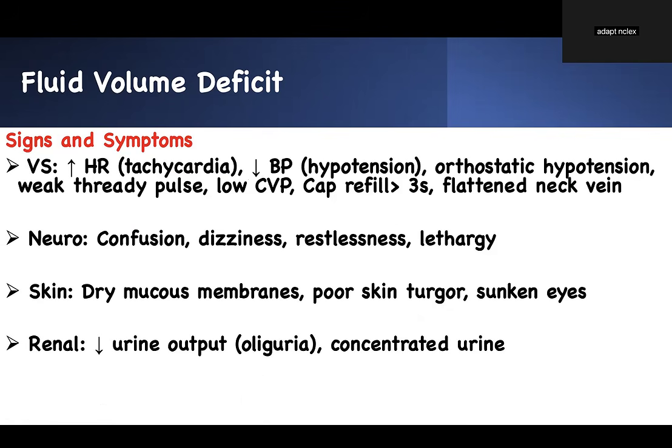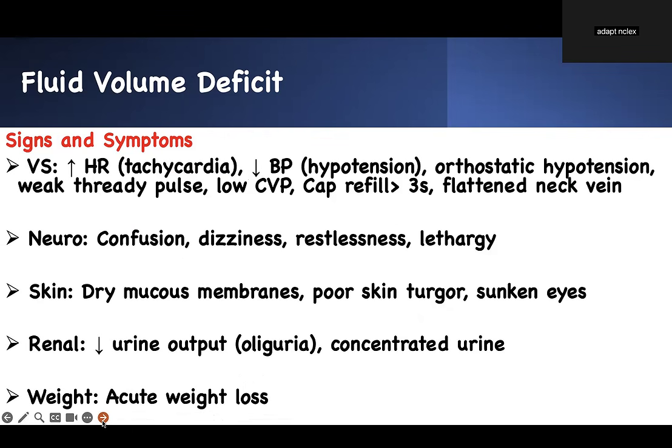Your urine output will become low, and your urine will look dark because you try to absorb most of your fluid and it becomes concentrated. These are systems you have to pay attention to. And your weight: because you've lost a lot of isotonic fluid, you're going to lose weight. This is what I want you to pay attention to. Know the signs and symptoms.